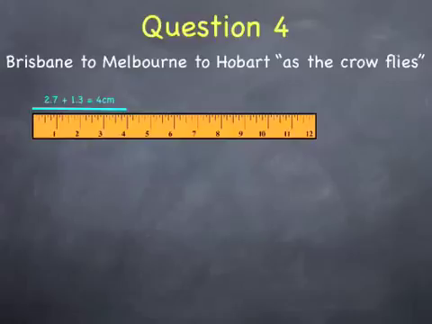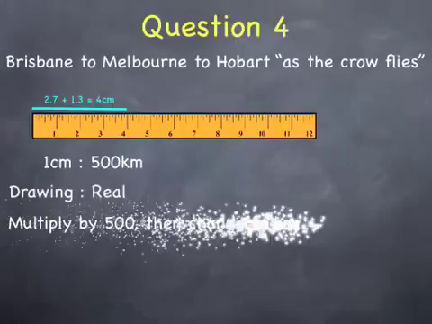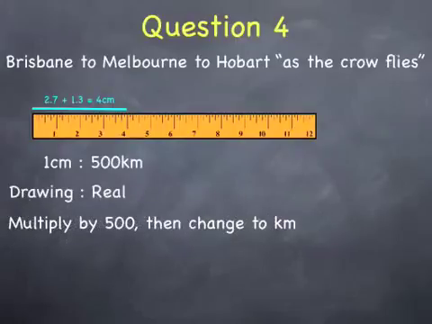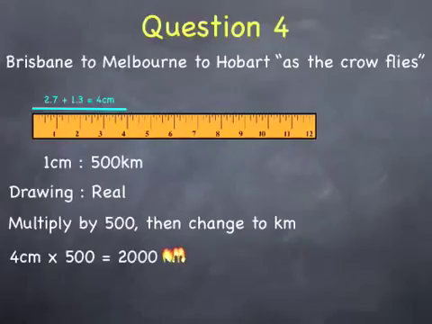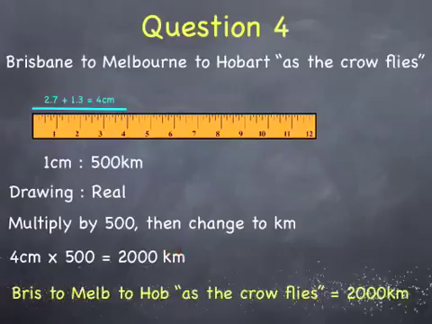So I got 4 centimetres in total. So 1 centimetre to 500 kilometres, drawing to real. Multiply the drawing size by 500, then change to kilometres. So 4 centimetres by 500 is 2,000 kilometres. So from Brisbane to Melbourne to Hobart, as the crow flies, equals 2,000 kilometres. Okay, it's time to try it out and go on to the next page.